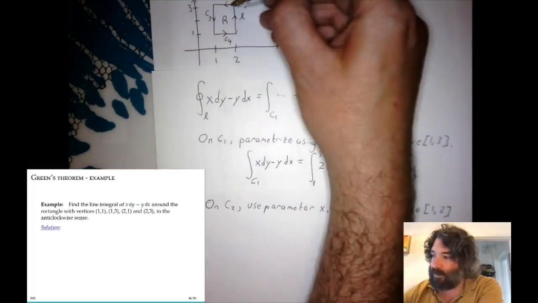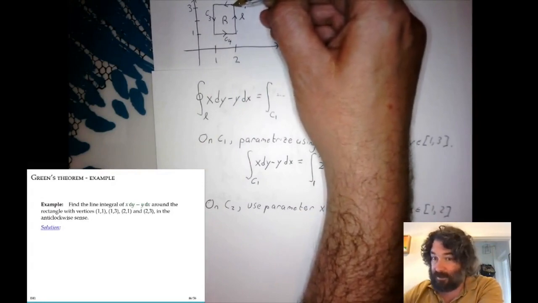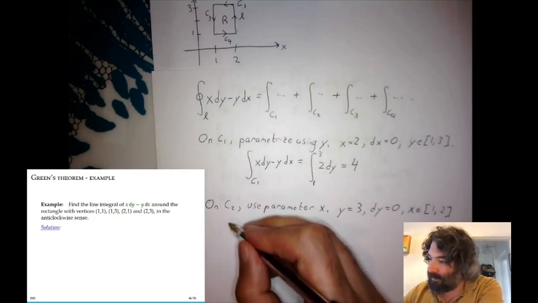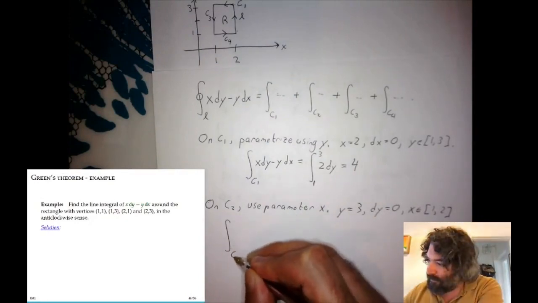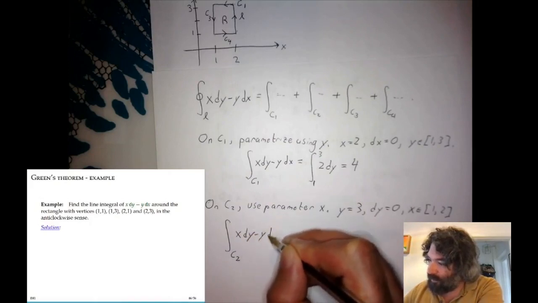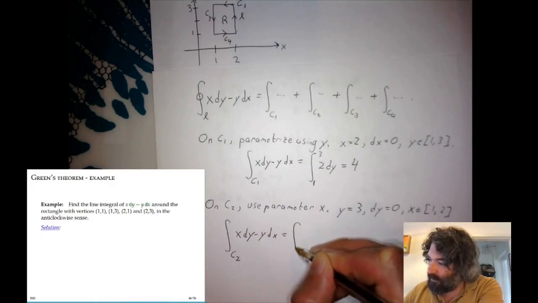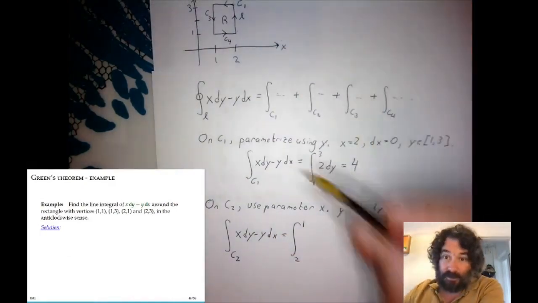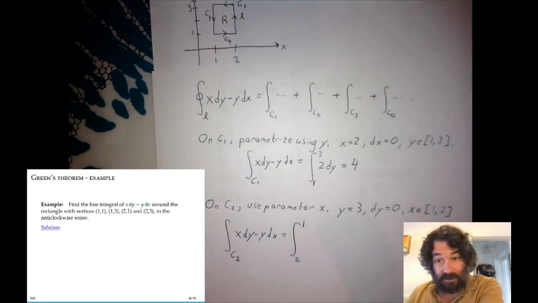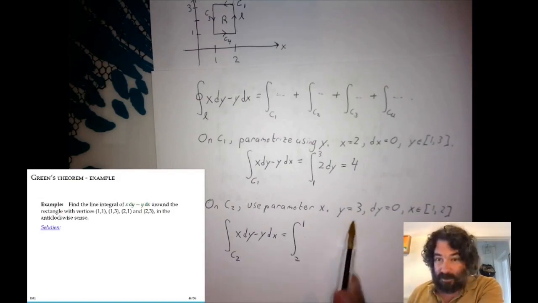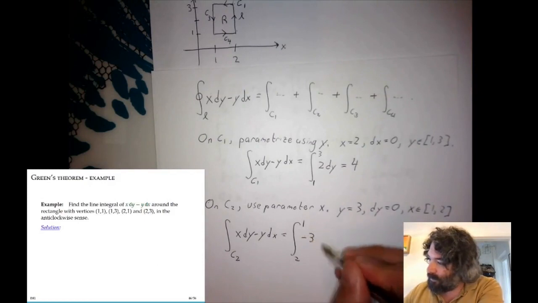So the integral, when we set this up as a single integral, the limits have to be from 2 to 1. So the bottom limit is 2, the top limit is 1. So the integral over C2 of x dy minus y dx is the integral from 2 to 1, because x goes from 2 to 1 on this curve, considering the orientation from right to left, of, well, dy is 0, and y is equal to 3, and so minus 3 dx.